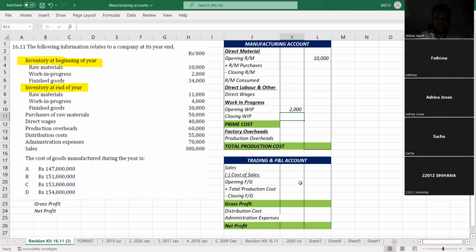Finished goods we have to take into the trading account. Finished goods 34,000. See, opening stock. So in this question, we can understand how to take the balances to the trading profit and loss account.